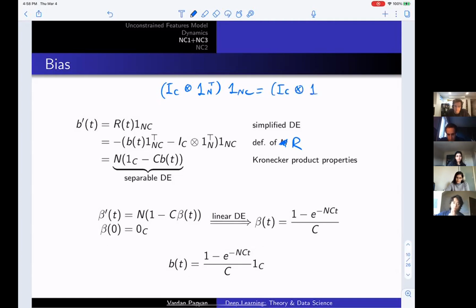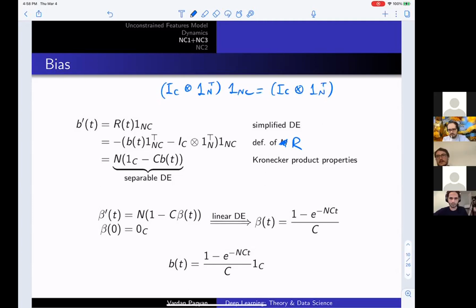Does anyone have any suggestion what to do with it? Can we write it as a Kronecker of 1 with itself? Yeah, exactly. You just do a Kronecker of 1 of length c with 1 of length n, and then this gives you a 1 of length nc, right?